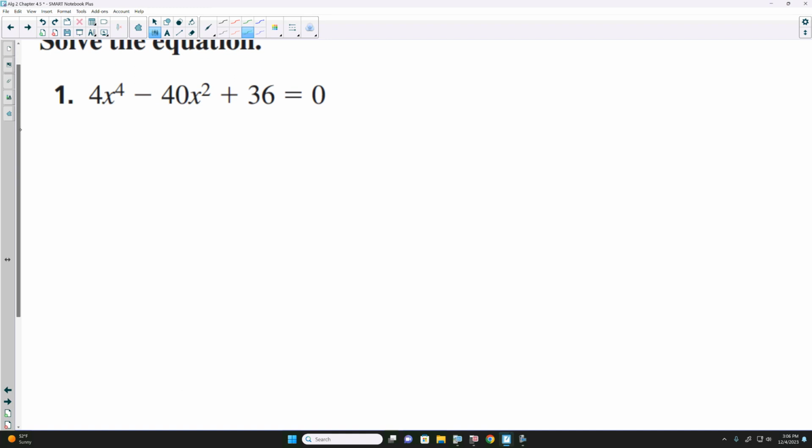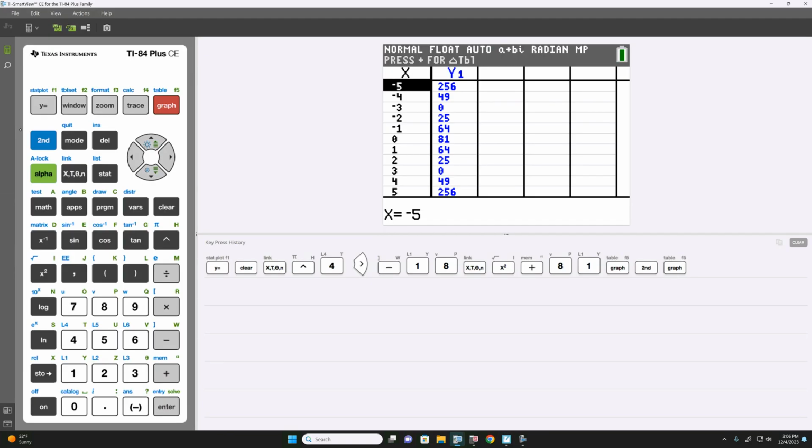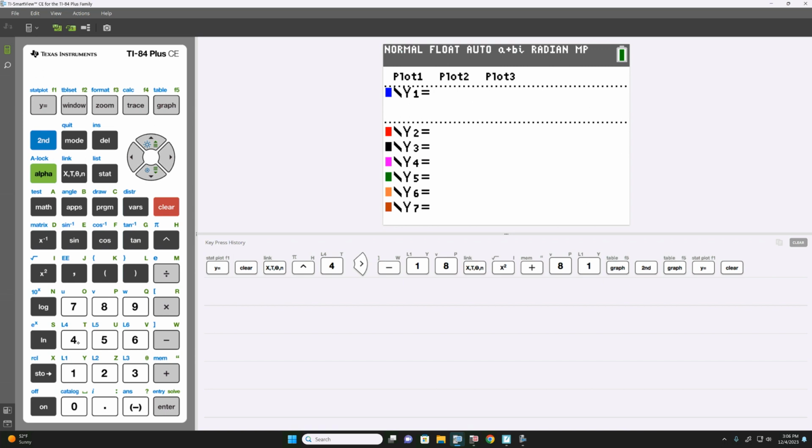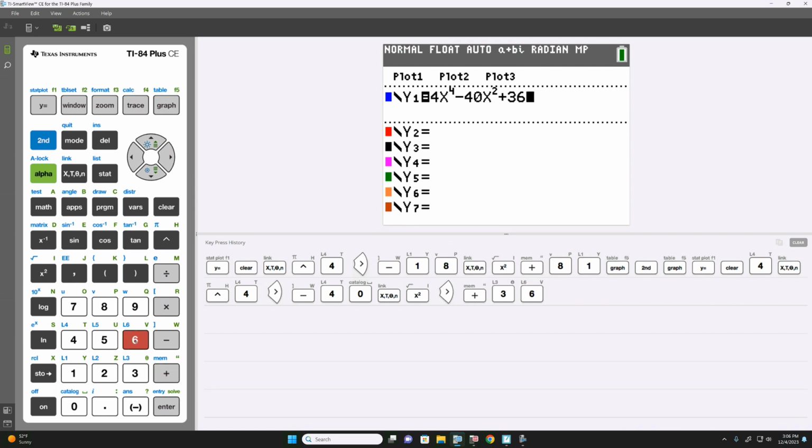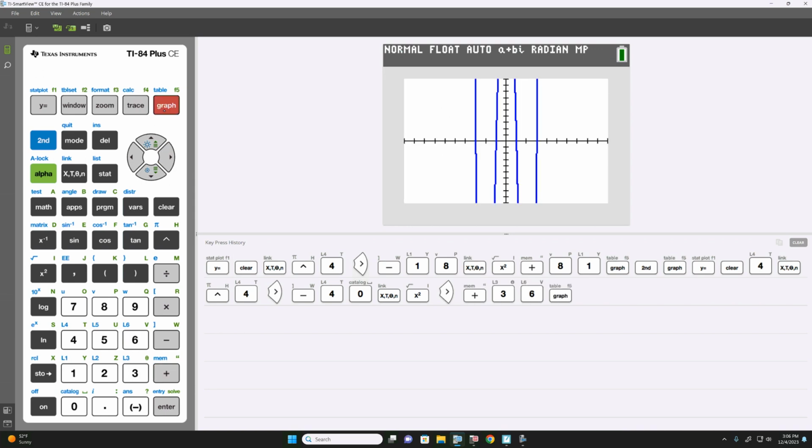So we can factor this, or graph this here, 4x to the 4th minus 40x squared plus 36. Graph.